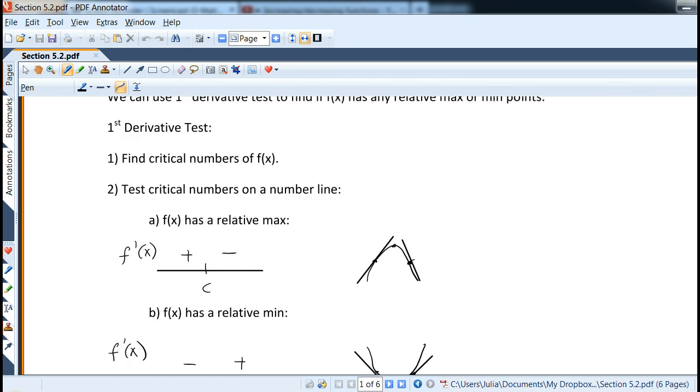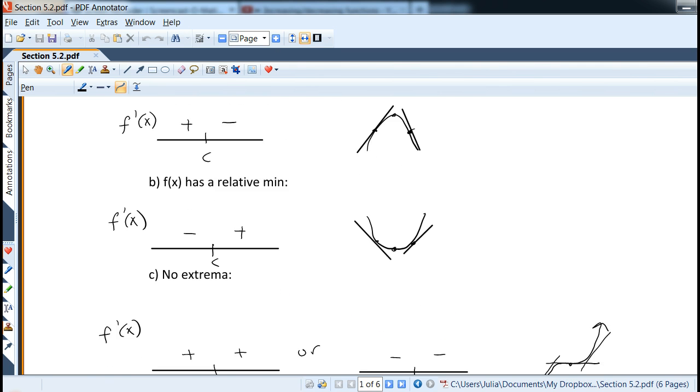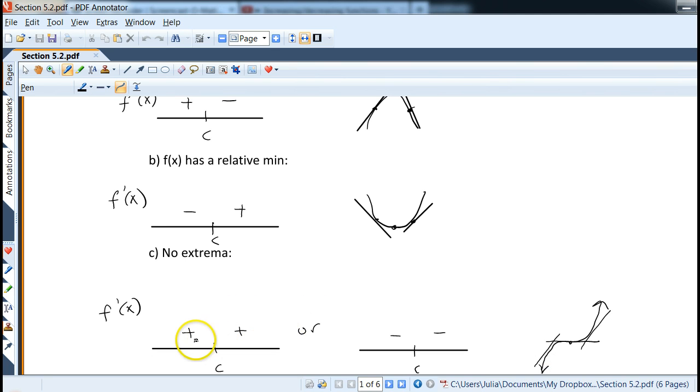Or f of x has a relative min if we switch from negative to positive, if it stops decreasing and starts increasing. Or what can happen is no extrema, where you don't have a change in sign. It goes from positive to positive or negative to negative. How does that happen? Well, if you have an inflection point, as we call it, notice how the function was increasing, then it slowed down temporarily, and then it starts increasing again.